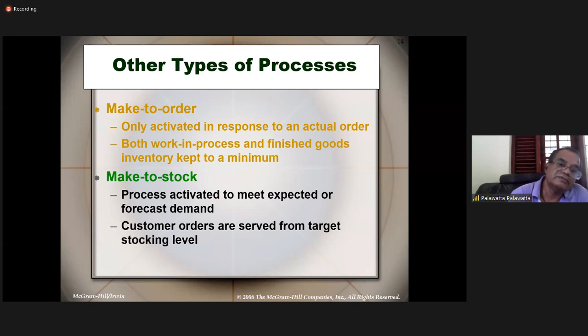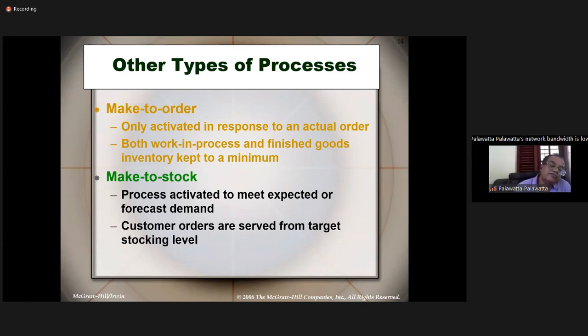On the other hand, you can stock items in the inventory, but if you don't get the expected demand as it is, then you will have a big problem, because you have big inventory without being able to sell. That risk is there when it comes to using make to stock.